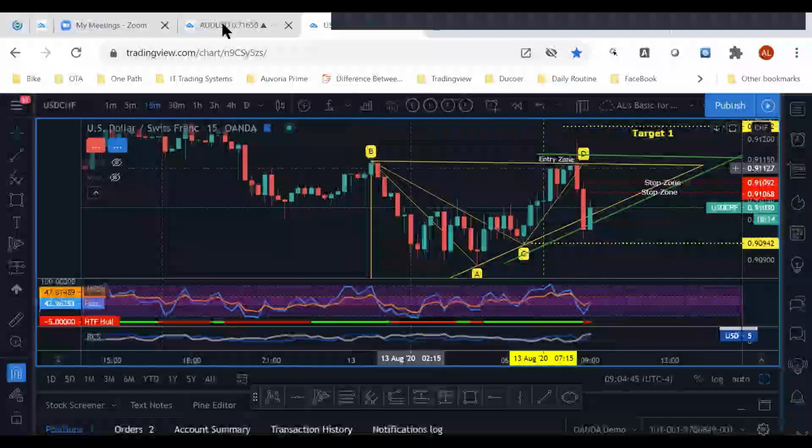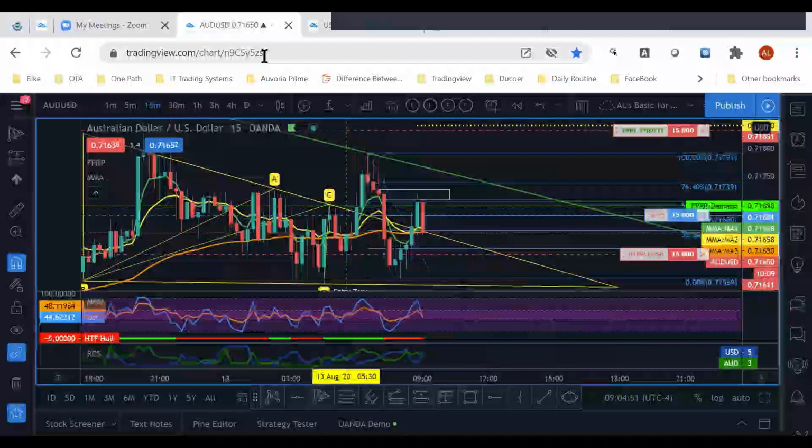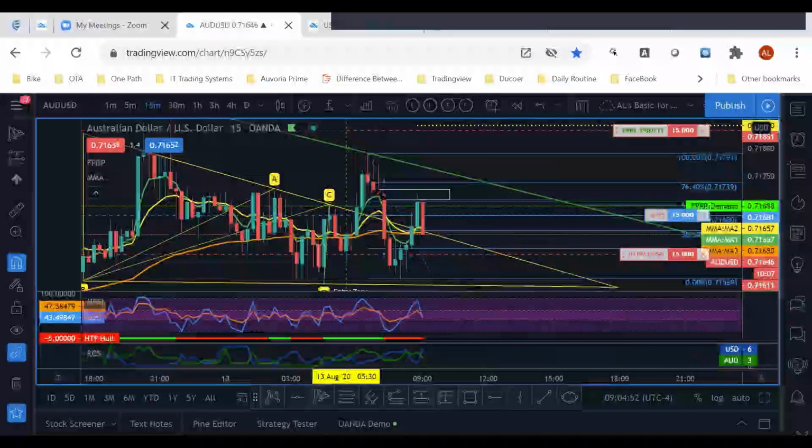How's our Aussie doing? Went right up into this zone and it came right back down again.